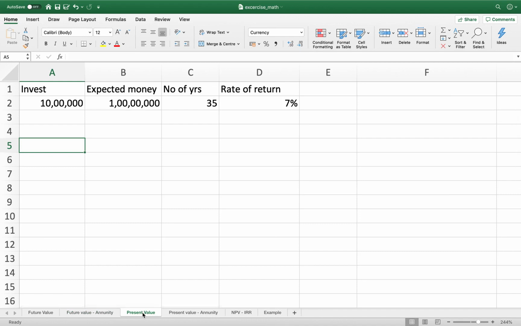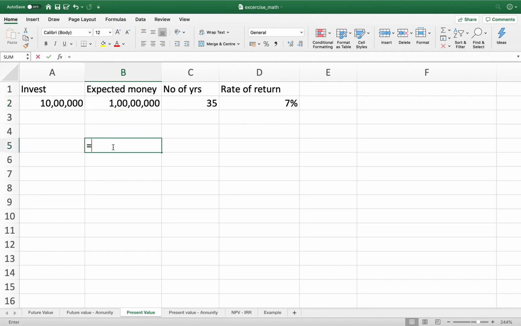So you go to the present value, and then what you see is you have been asked that you invest 10 lakh rupees right now, and your expected money is 1 crore. The number of years which you have to invest is 35 years, and rate of return is 7%. Let's say you have to calculate the present value of this expected money.